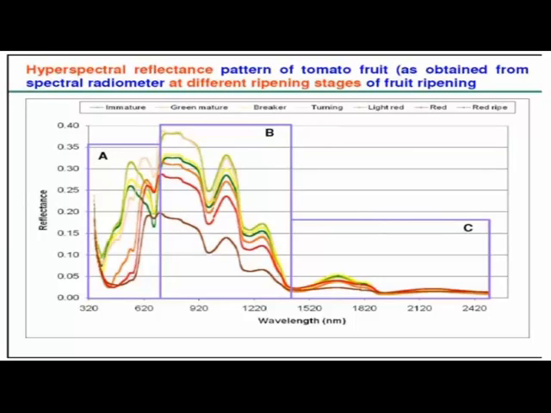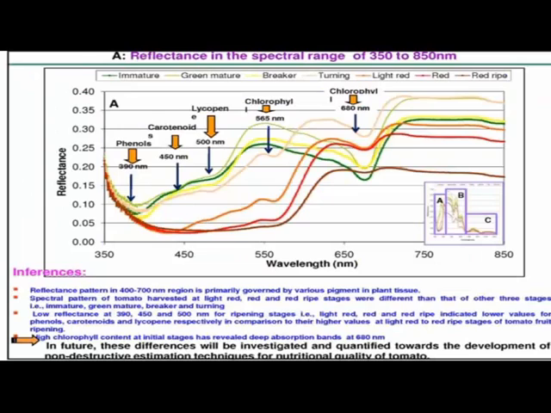What it indicates is, if you divide them into three regions like visible, near infrared, and SWIR ranges, and you look at the visible ranges, the pattern of the tomato in different stages is governed by all these pigments, all these biochemical parameters. For example, phenols, lycopene, chlorophyll, carotenoids.